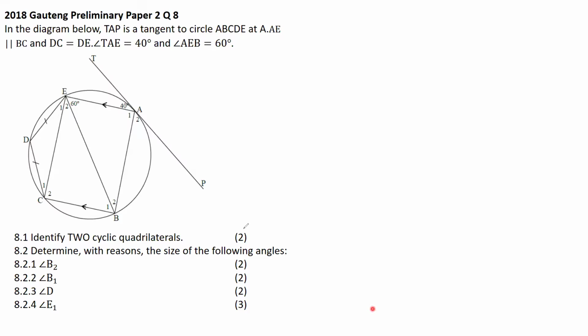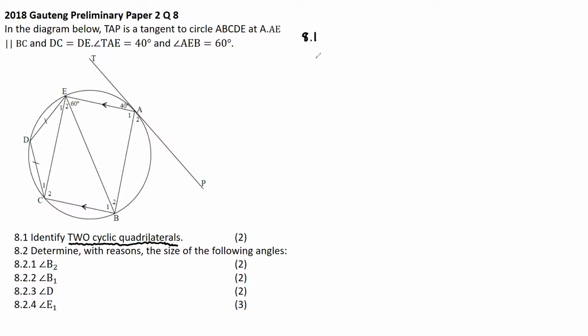First question is quite straightforward. 8.1, identify two cyclic quadrilaterals. So they want you to write them in terms of letters. Let me see what I have.